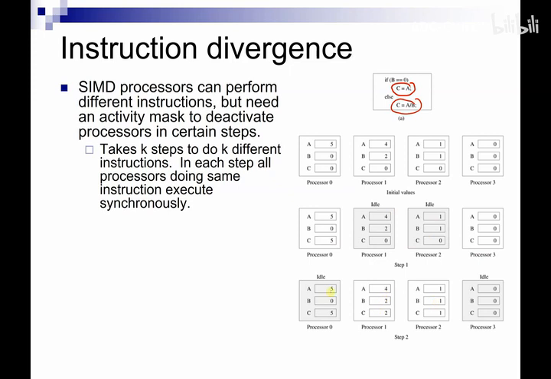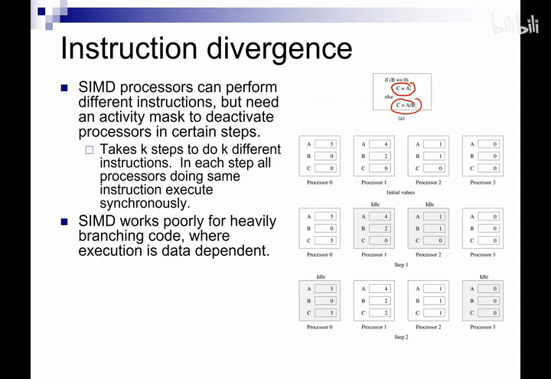But at that time point, we're going to deactivate P0 and P3. So even though we have 4 processors, we can't do all of the instructions in one step. We need to take 2 steps because we need to deactivate some of the processors.